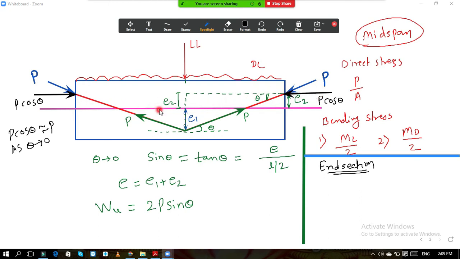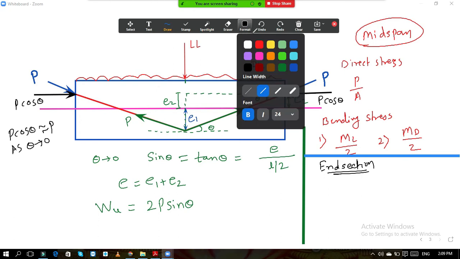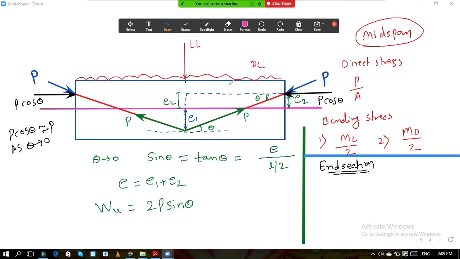This is the direction of rotation. I hope now you are getting my point.